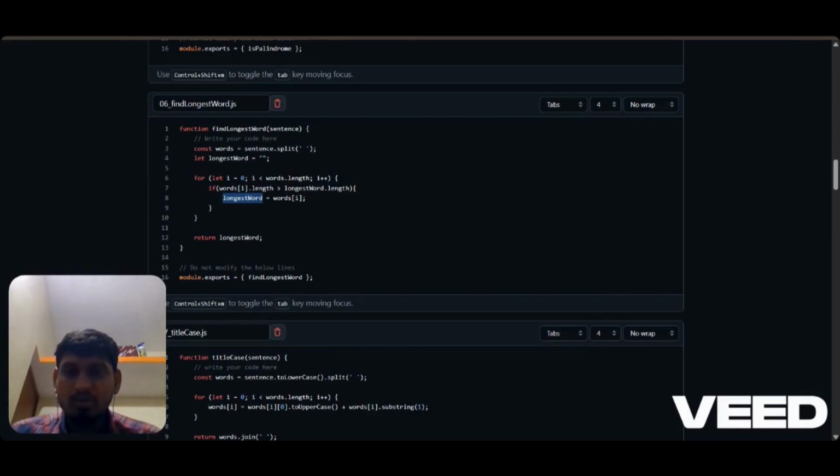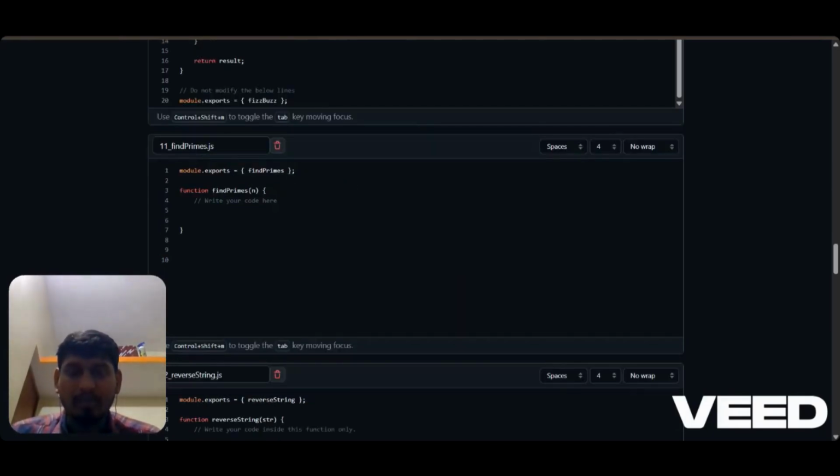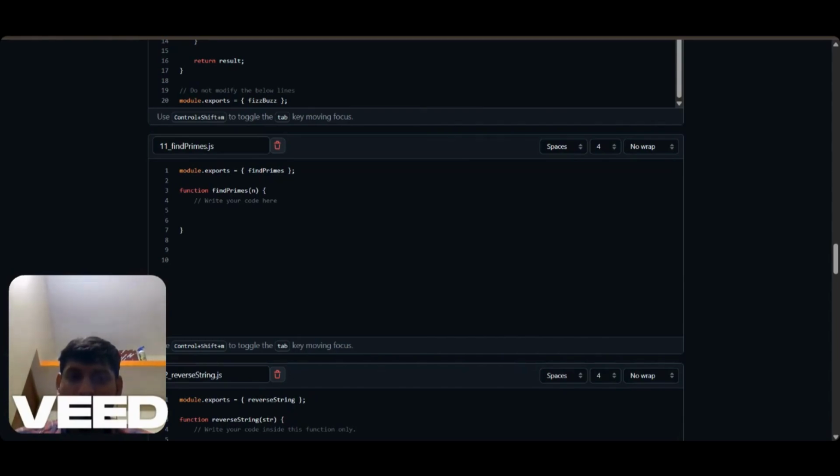The third problem is find prime numbers. Here the approach is, for every number from 2 to n, test divisibility up to the square root of k to determine if it is prime, and collect all prime numbers into an array.